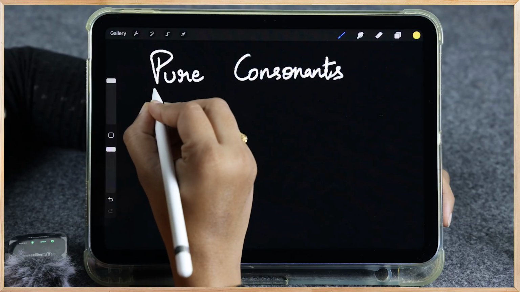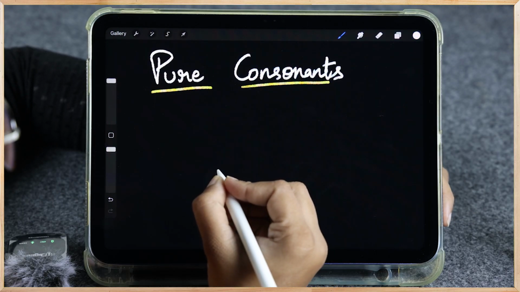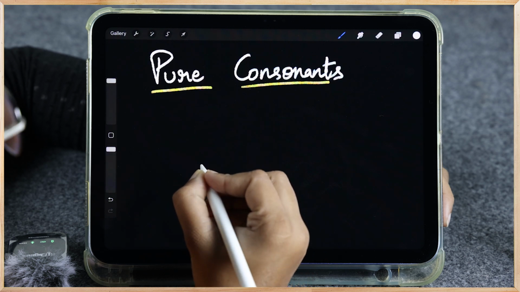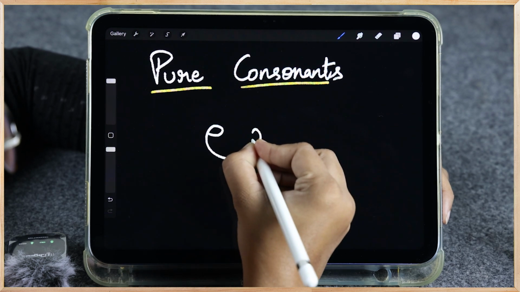This concept is fundamental to constructing words in Kannada and mastering it is essential for fluency in the language. Please note the concept of pure consonants. Pure consonants in Kannada, known as Vyanjana, represent the basic sound units without any inherent vowel A.